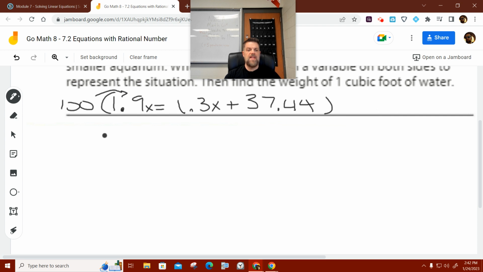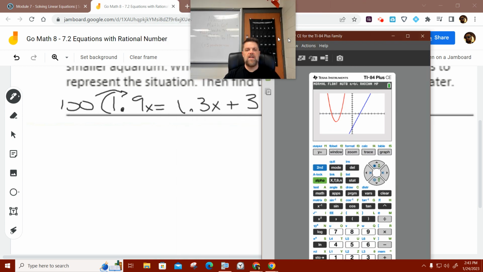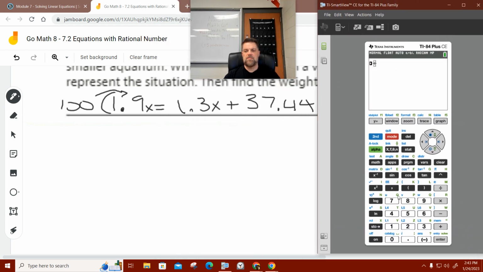When you multiply that through, you just basically move the decimal 2 places. So 1.9 times 100, if you do this on your calculator, if you don't have a calculator, quietly go grab one. Most of you should have a calculator. What is that when you plug it in your calculator? 1.9 times 100 is 190.